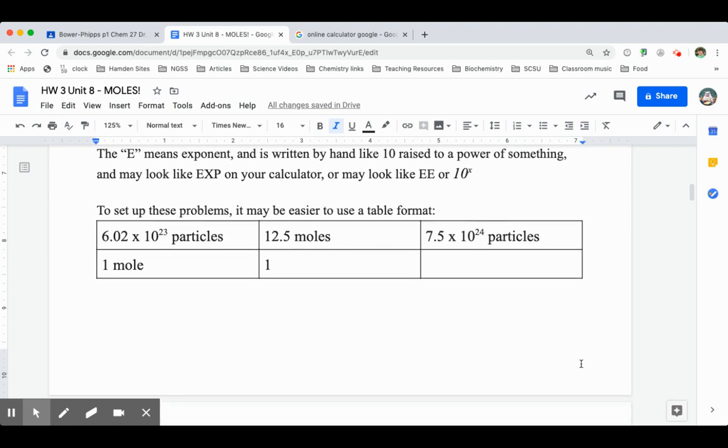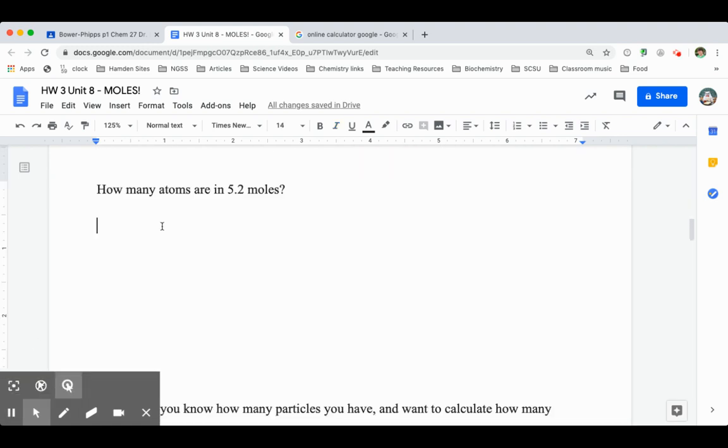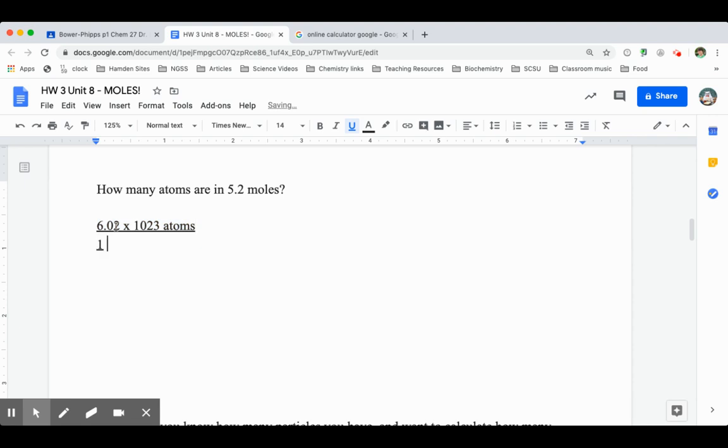Okay, let's try again. A second example. How many atoms are in 5.2 moles? So we know that in 1 mole, there are 6.02 times 10 to the 23rd atoms in 1 mole.